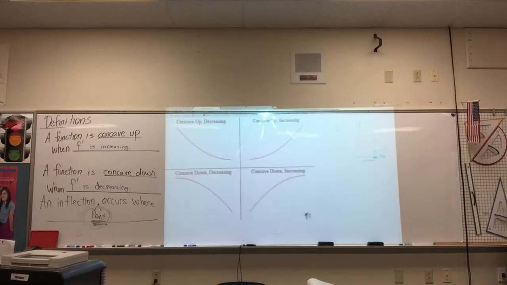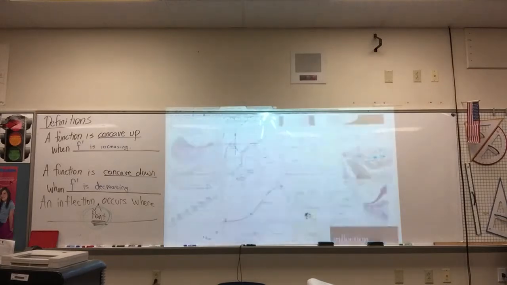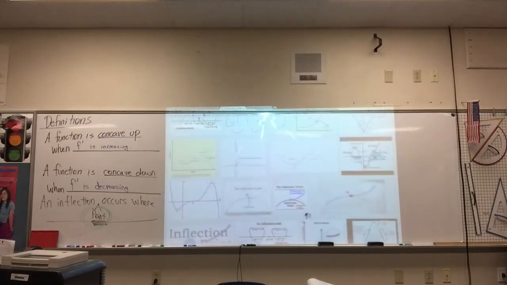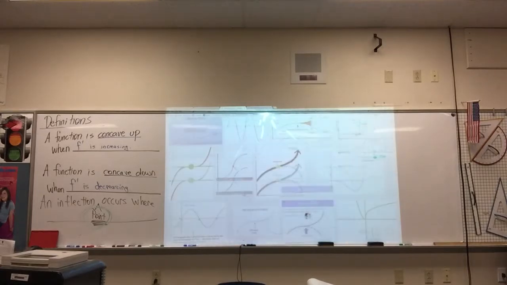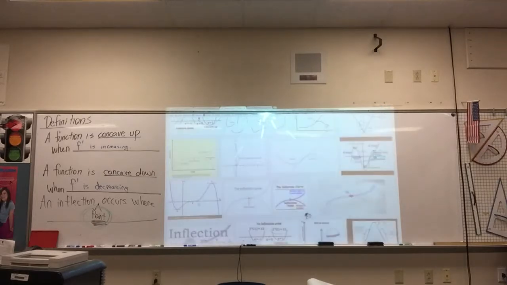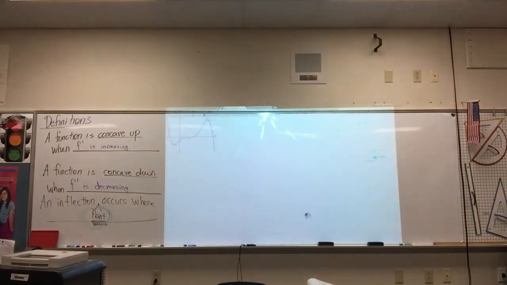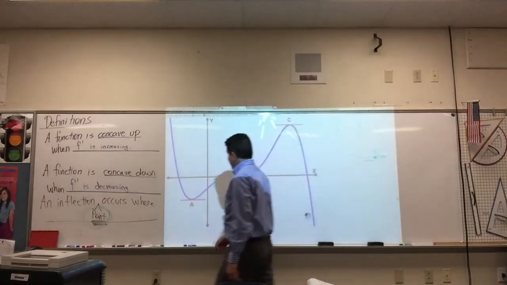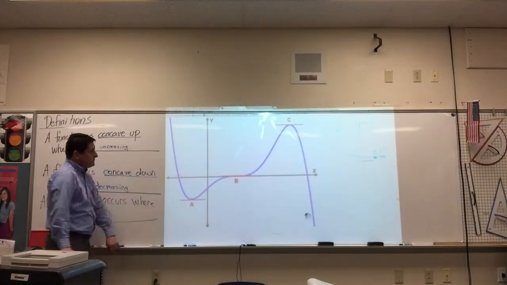And so that's what we're going to do tomorrow. I'm going to teach you how we actually go about doing that. For example, if we had some weird function like this, how do we tell what's going on in this one right here?